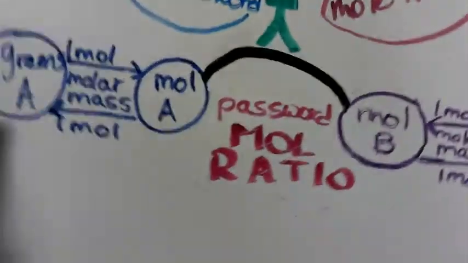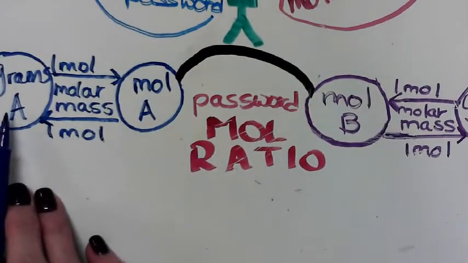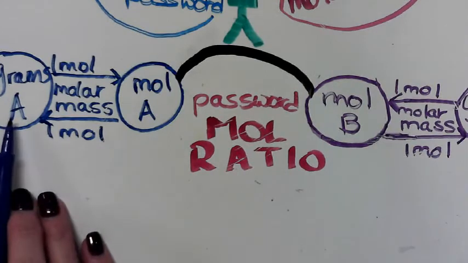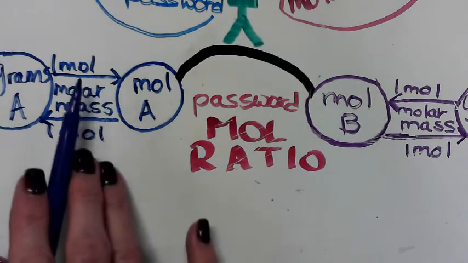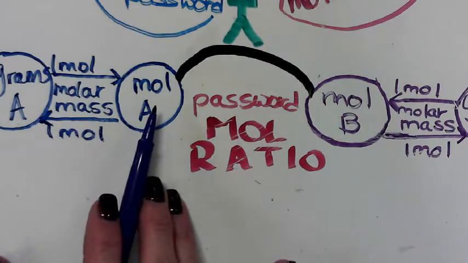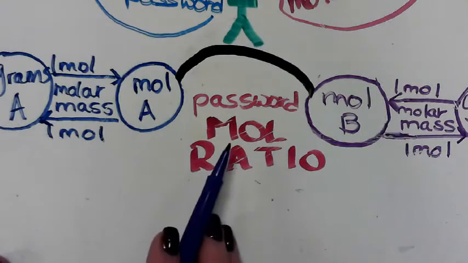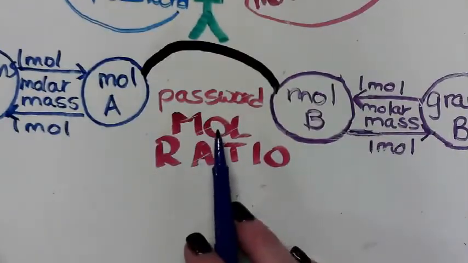Look what we did. We went grams of butane, and we divided by molar mass. We put 1 mole over molar mass. That gave me moles of butane. I used the mole ratio because that is the password to get past the mole troll on the bridge.